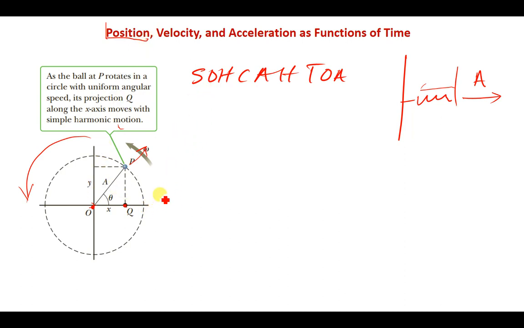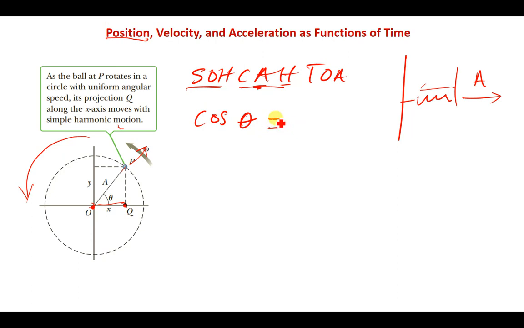So how do we find that? We can use SOHCAHTOA, and in this case we're going to use cos, because we have the adjacent and the hypotenuse, which is the amplitude there. So cos theta is equal to the adjacent over the hypotenuse.